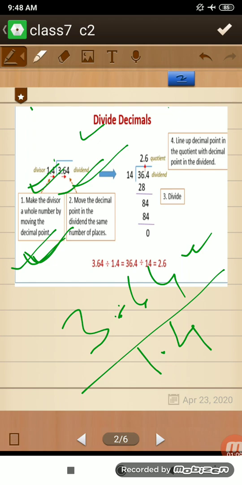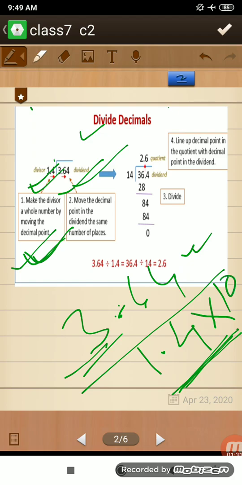Now you make this the numerator and this the denominator. This denominator you have to make a whole number. How can you make it? By multiplying by 10.